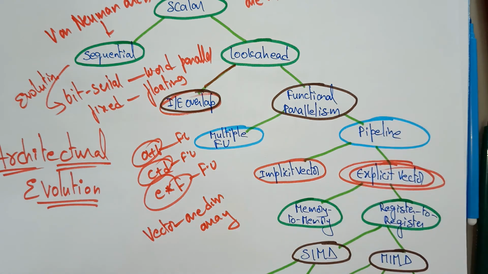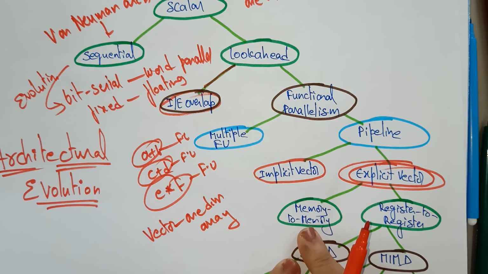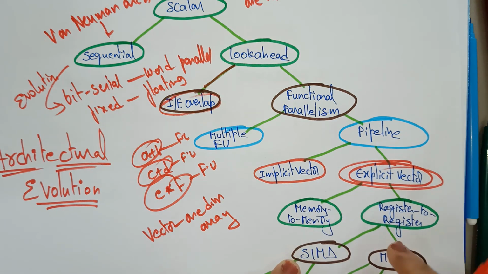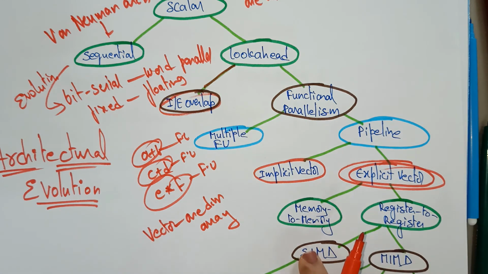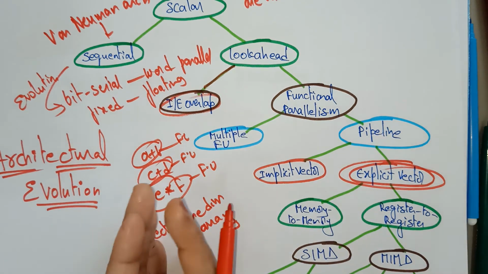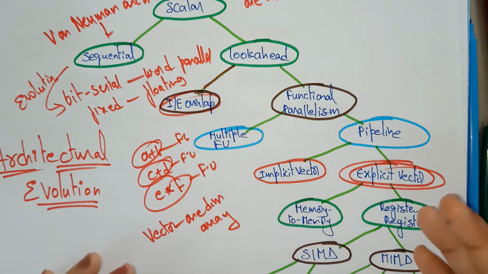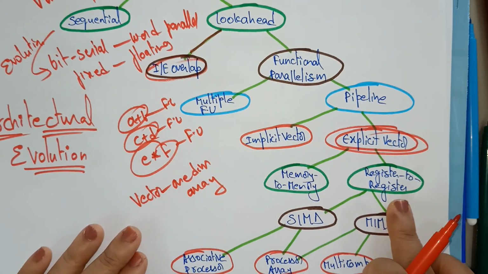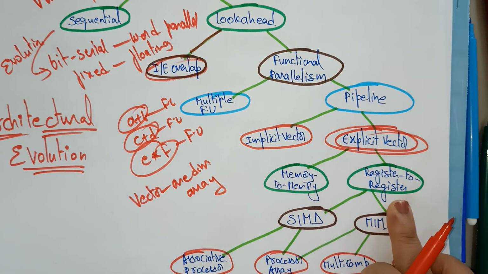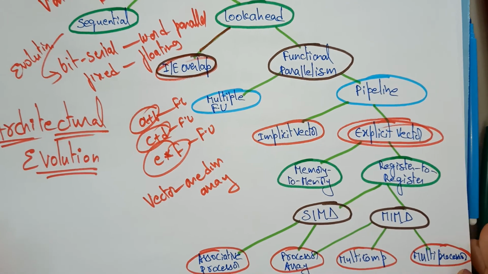These explicit vectors are again divided into two families: memory to memory and register to register. Memory to memory supports the pipeline flow of vector operands directly from memory to pipeline and from pipeline to memory. Whereas register to register architecture uses vector registers to interface between memory and the functional units.